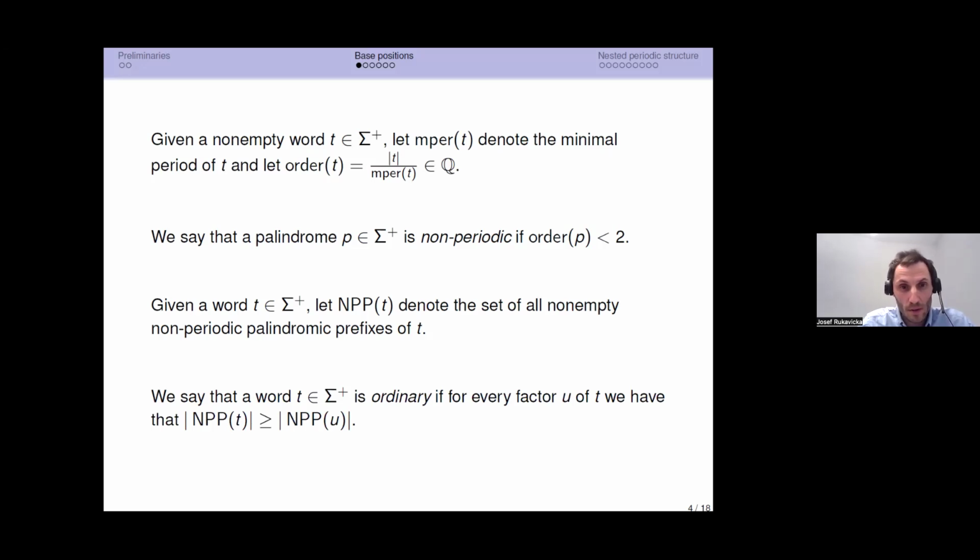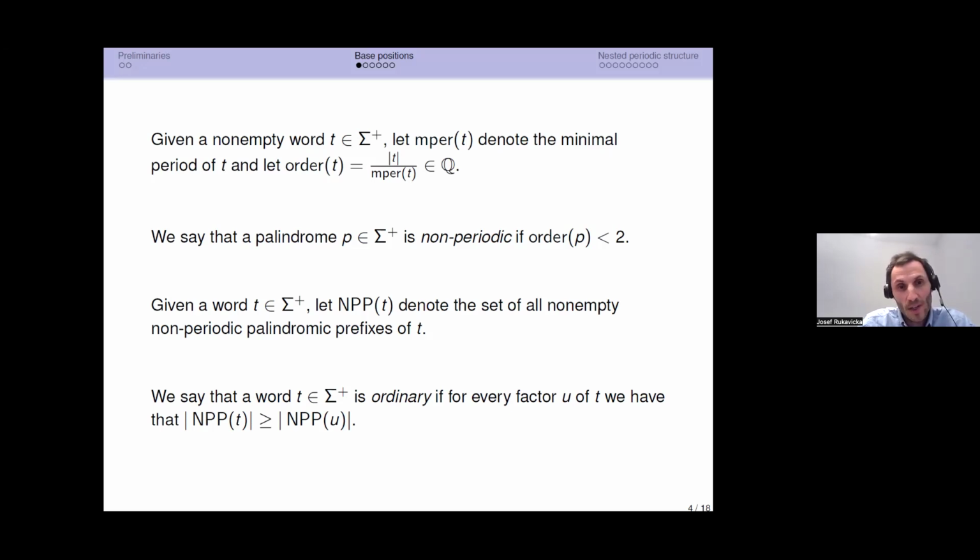And then I define that I call the word T ordinary if for every factor of the word T this equation holds.